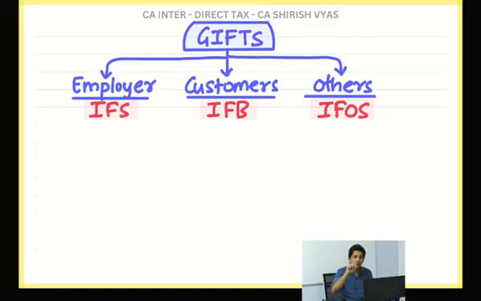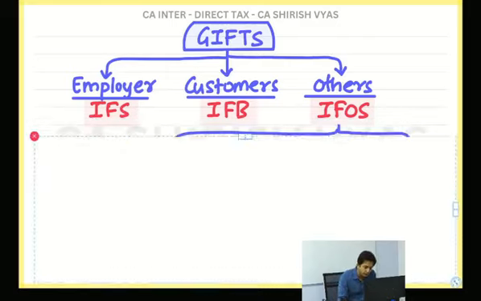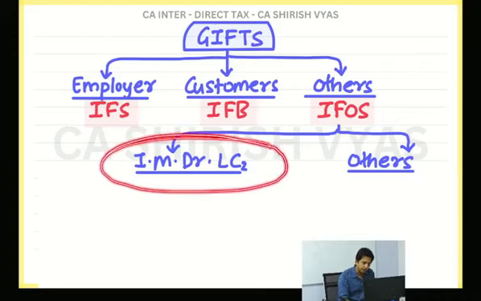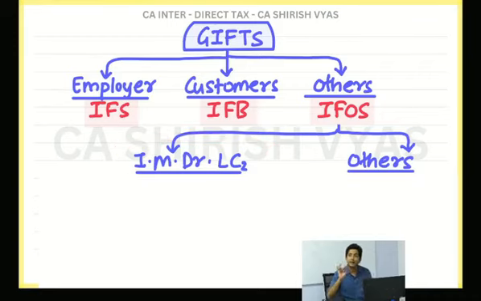But now look here, there is a rule. In income from other sources, if you receive a gift from I am Dr. LC, this is a short form. I am doctor, I am CA. But in the keyword it is I am Dr. LC.